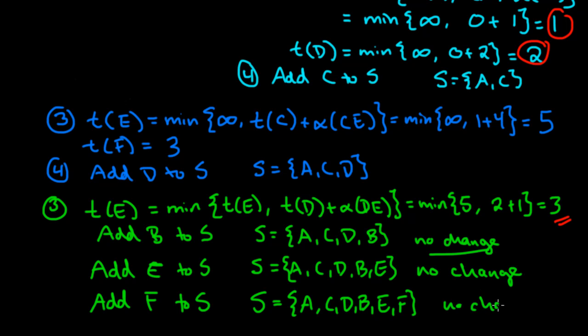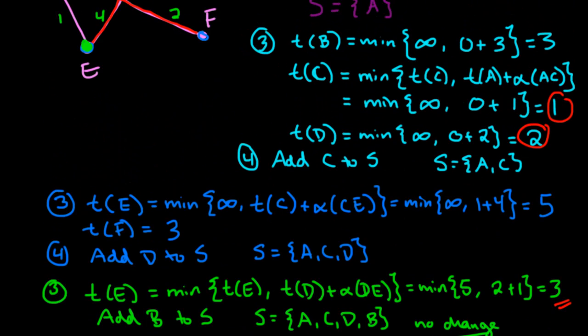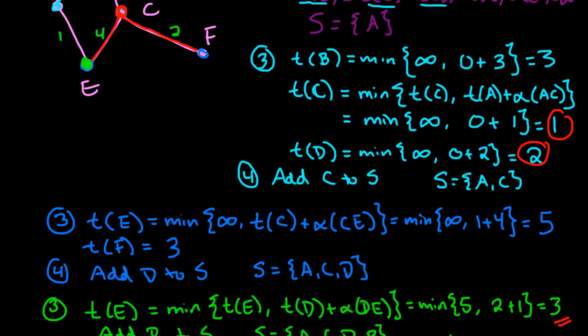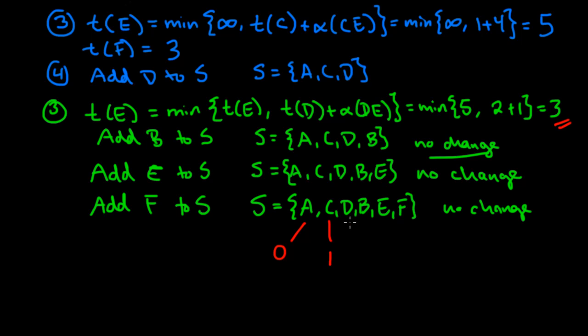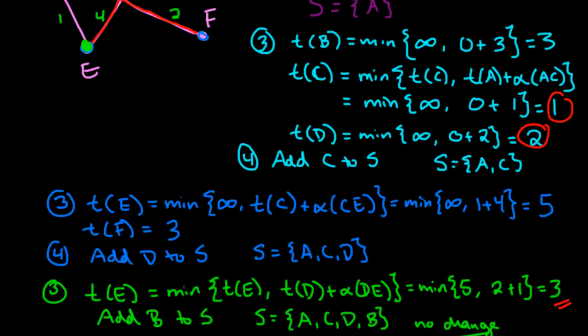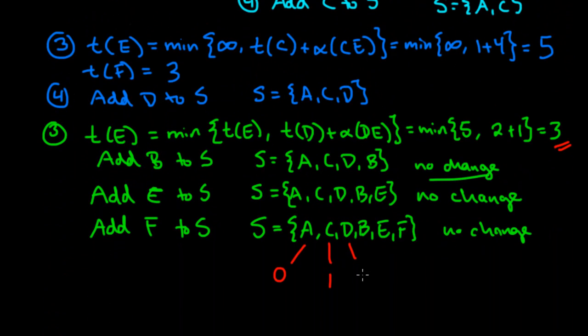So what we've got now is all of the vertices are now in the solution, and we can just read off their labels. So what are their labels? A still has a label of 0, that never changed. C started with a label of infinity, then it got changed to 1, and it never got reduced after that. So it has label 1. D started off at infinity and then quickly got changed to 2, and that was it.